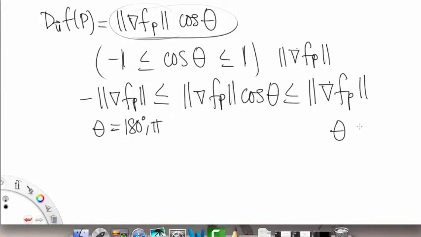The right end is when theta is equal to 0.